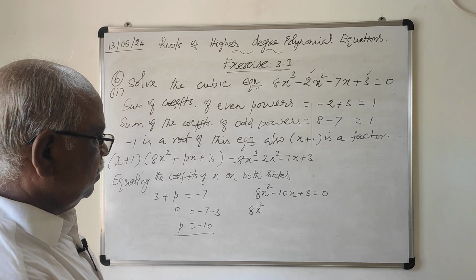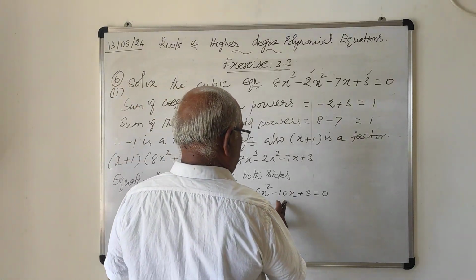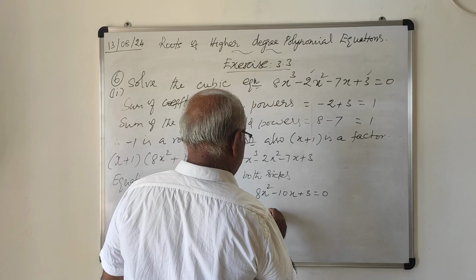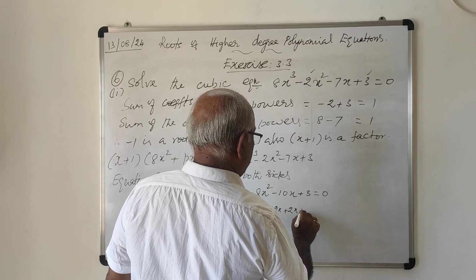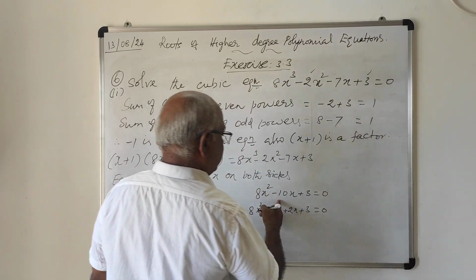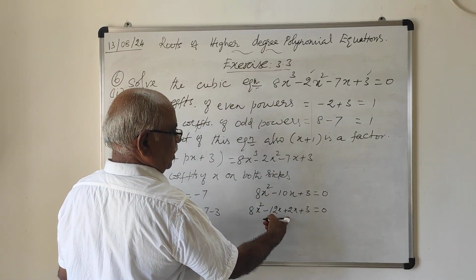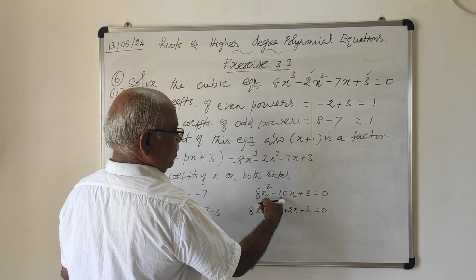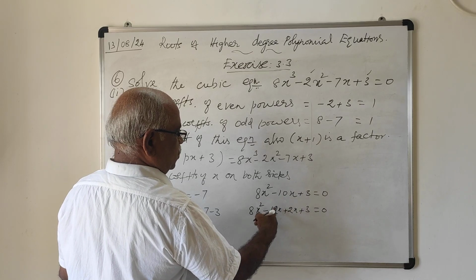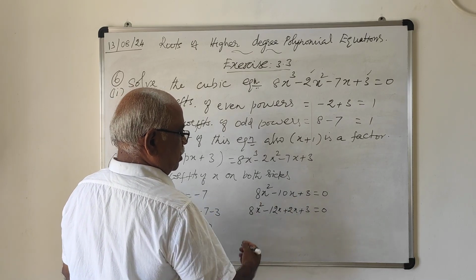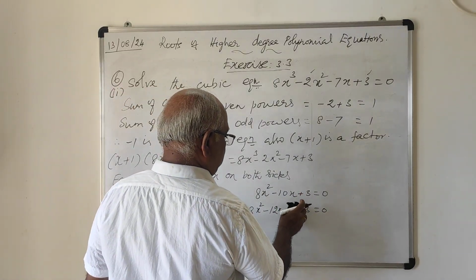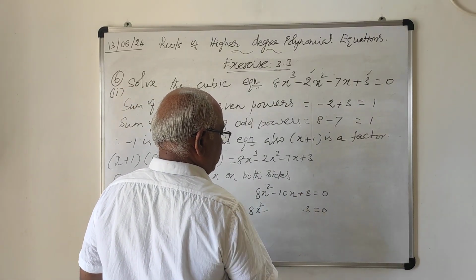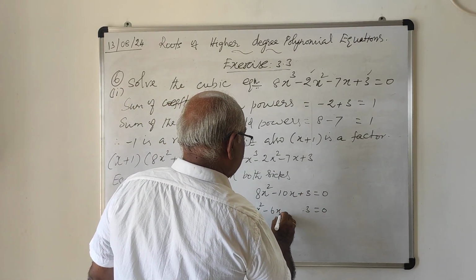The sum should be minus 10, so split as minus 12x plus 2x? Minus 12 plus 2 becomes minus 10, but minus 12 into 2 is minus 24, and we need plus 24. Therefore the factors must be minus 6x and minus 4x.